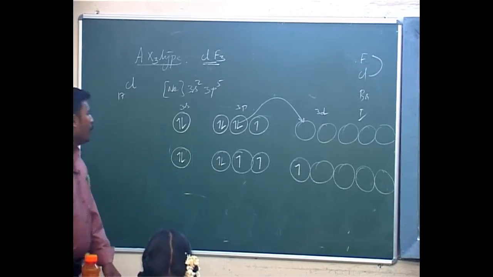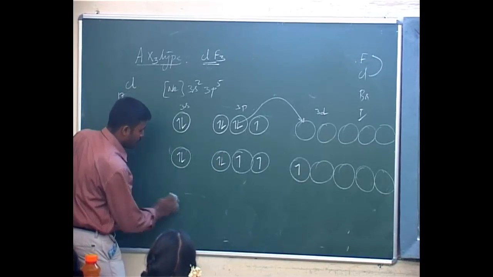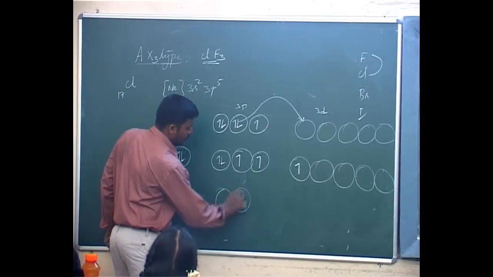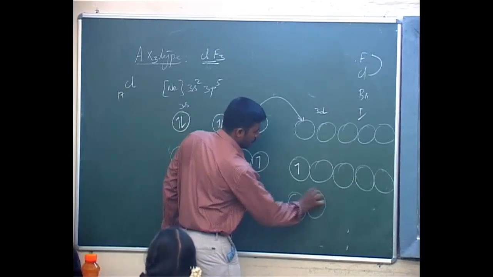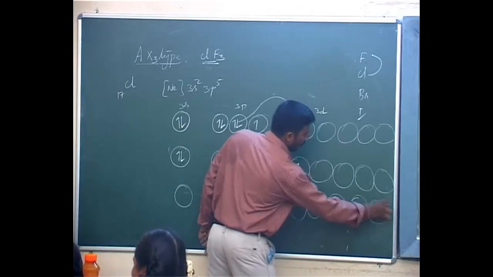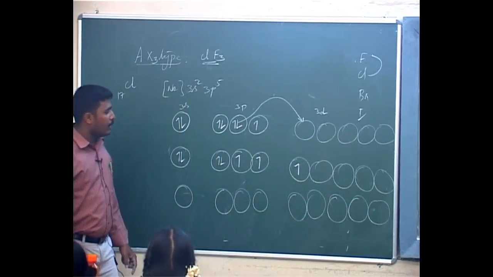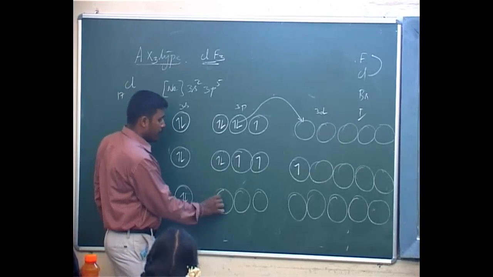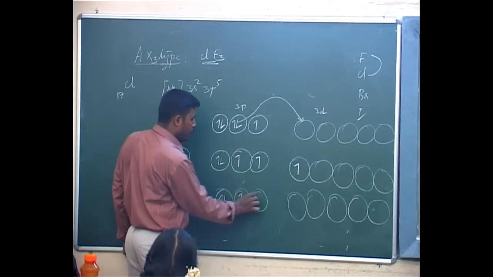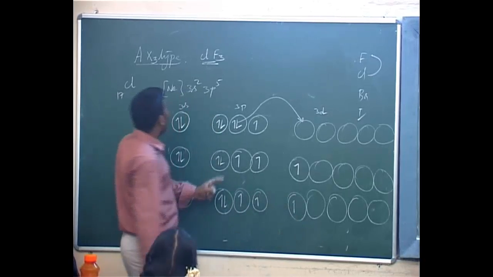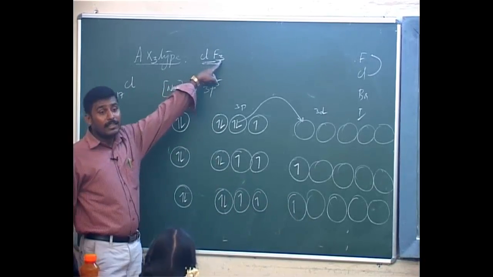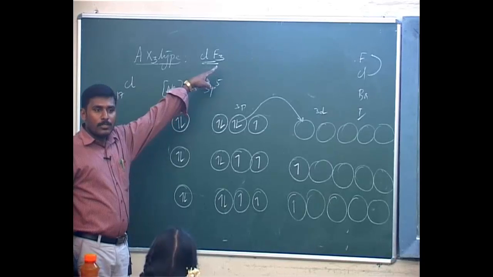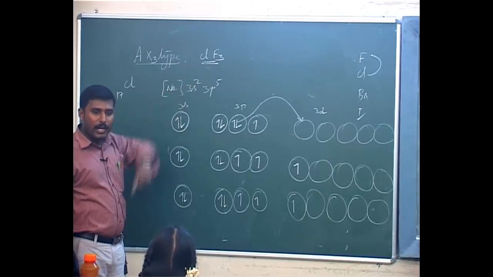Okay. Now, very same: 2 electrons here, and here already one electron is present. How many members are going to come here? 3, so 3 electrons from the fluorine atoms.